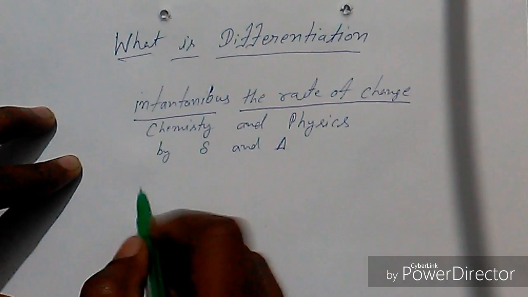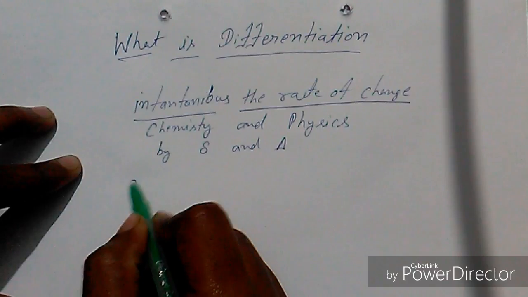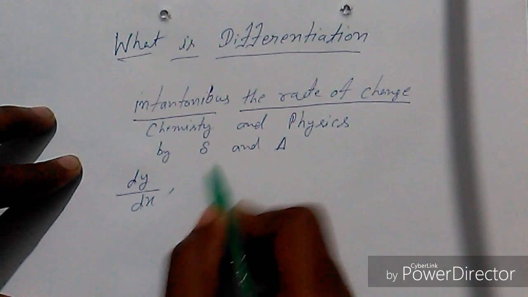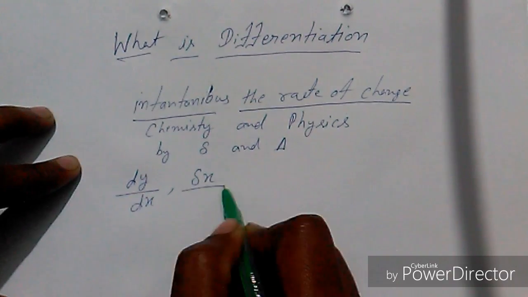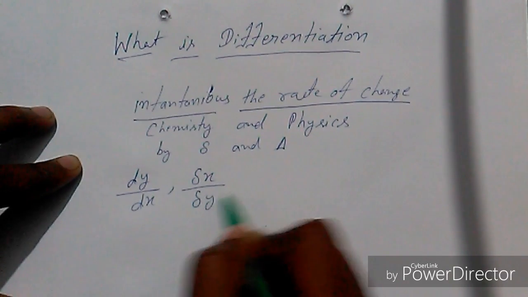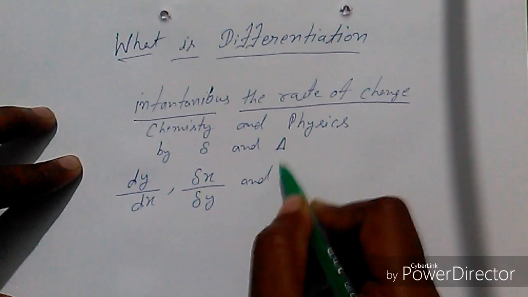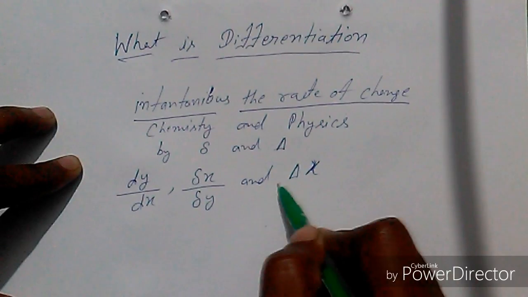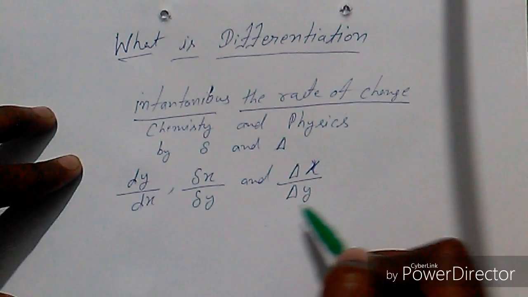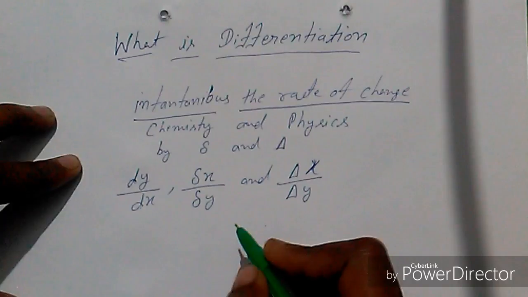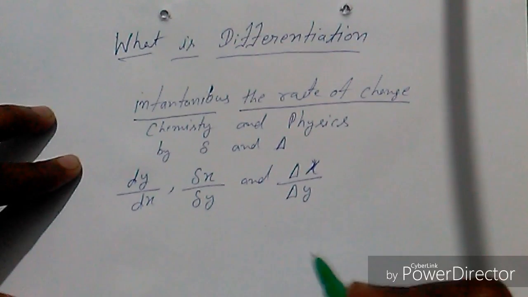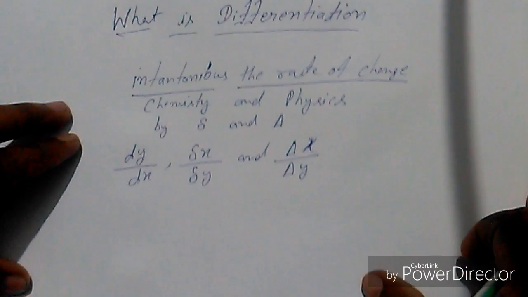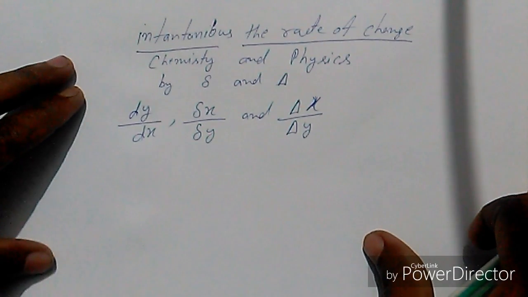Derivation is generally denoted by dy by dx, and in science curly dx by curly dy, and in chemistry curly del x by del y. Now I will show what differentiation is and what its use is in science.